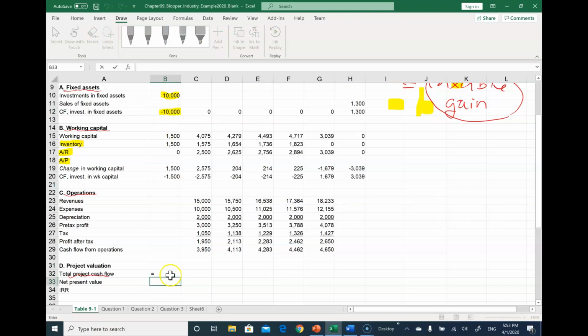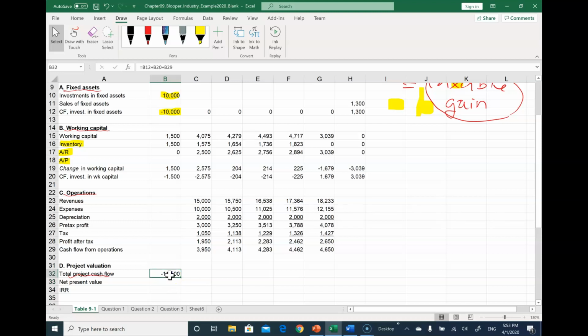So cash flow from investment activity plus cash flow from the investment in the working capital plus the cash flow from operations. In year 0, there was a $10 million purchase cash outflow. There was an accumulation of inventory, which is a $1.5 million cash outflow. So in year 0, the total cash outflow was $11.5 million.